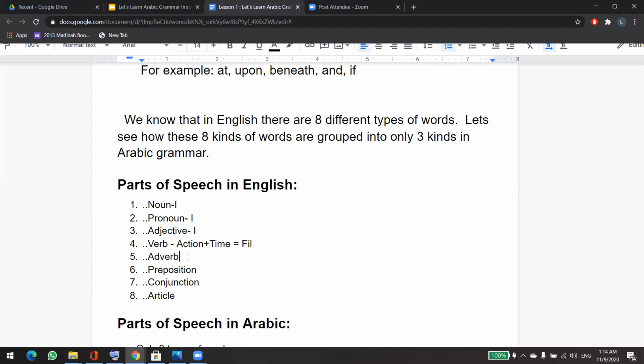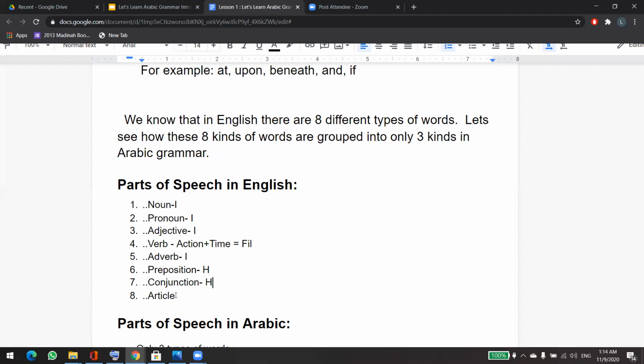Adverb, we learned that in Arabic, adverbs are also ism. Preposition, prepositions are harf because it's not ism, it's not verb, it's a harf. And conjunctions are also harf.